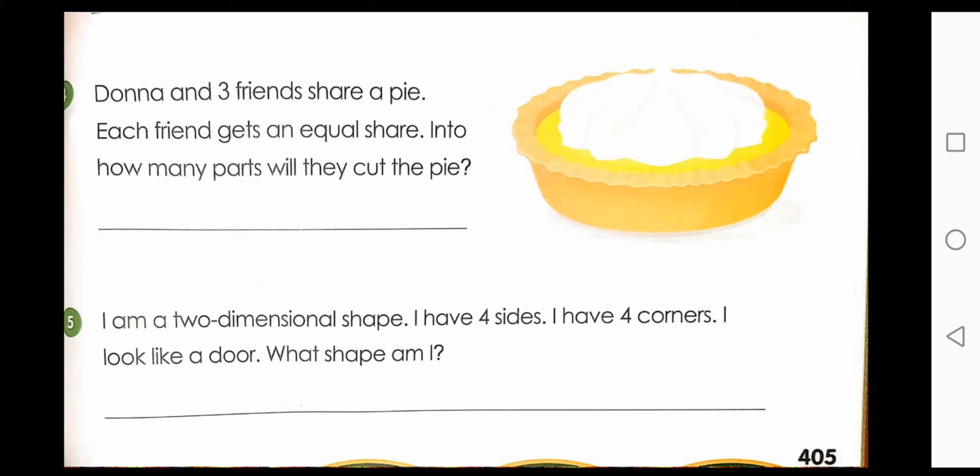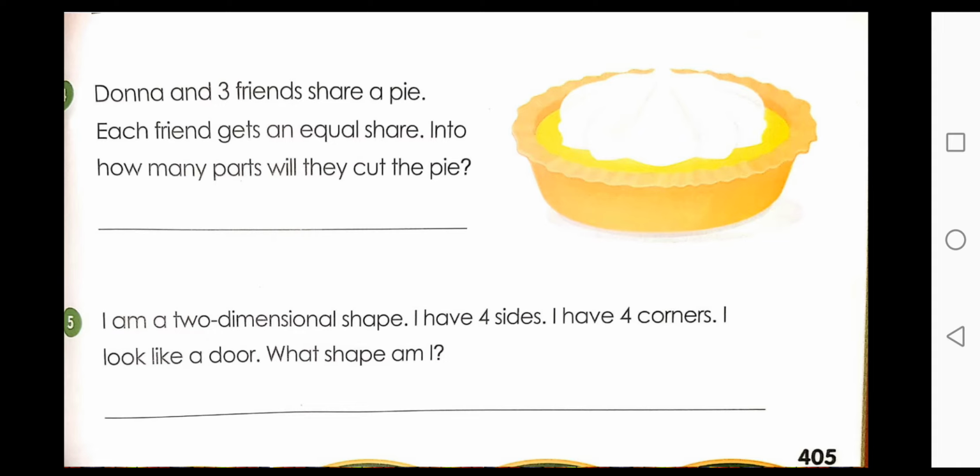Each friend should get an equal part. So they are going to cut the pie into 4 equal parts.